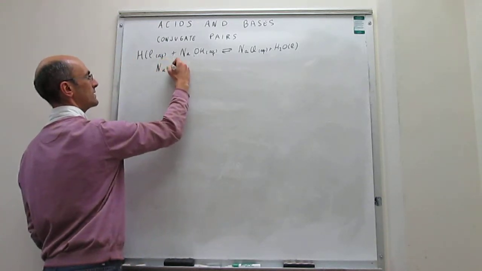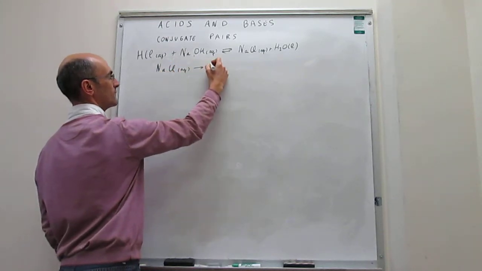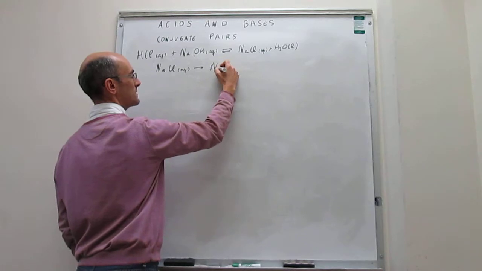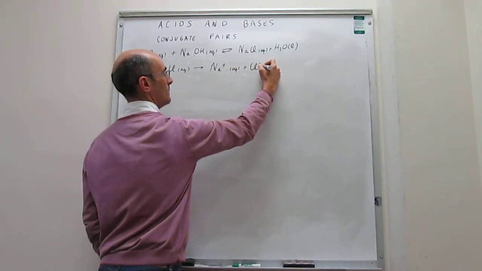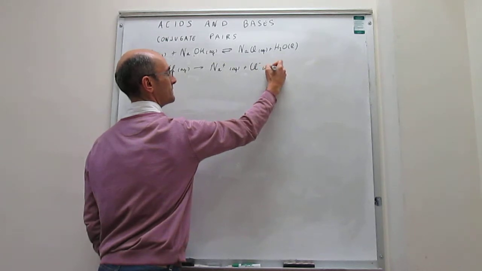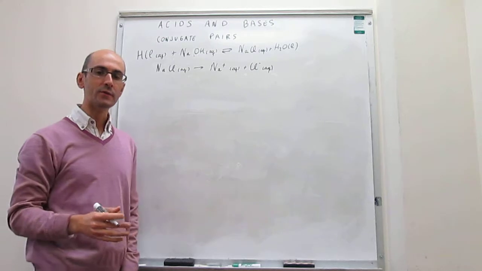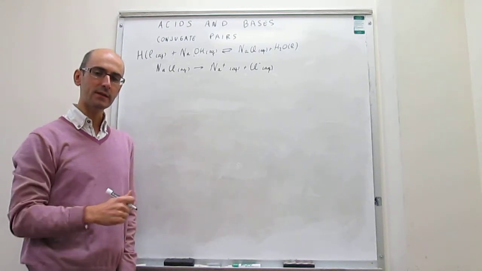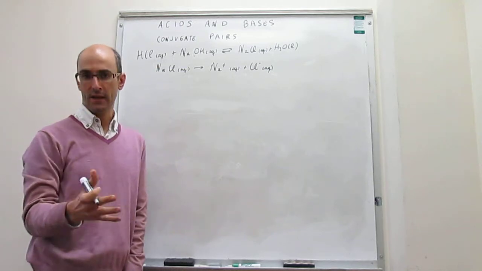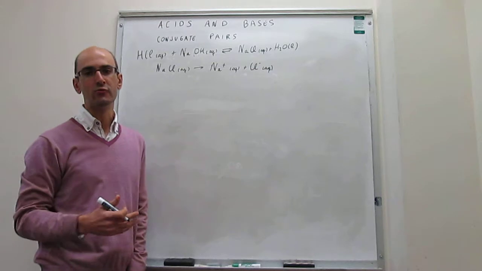Sodium chloride, of course, is a strong electrolyte, and when you put it in solution, it really is fully dissociated into sodium plus and chloride. Because these ions don't have any acid-base properties, then the resulting solution will be neutral. Okay, so when you mix a strong acid and a strong base, if the reaction is stoichiometric, then you will generate a neutral solution.